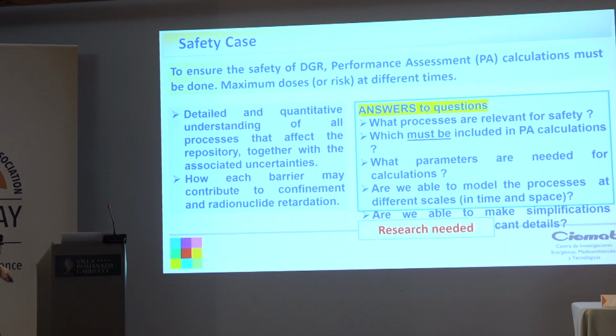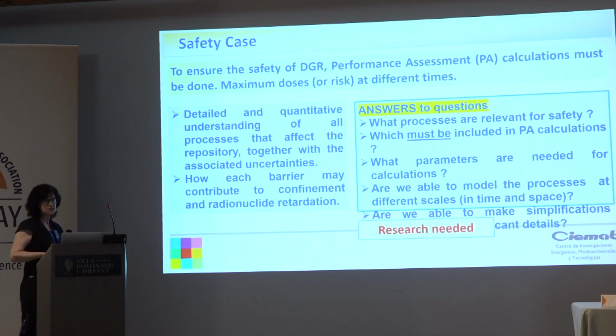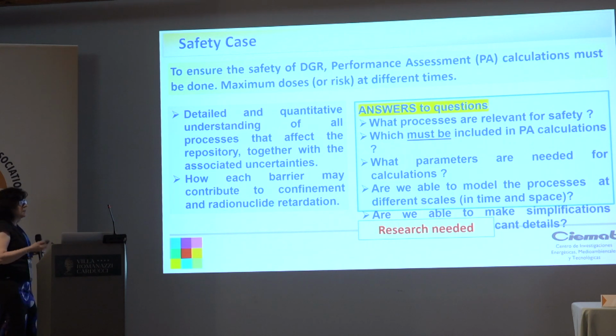So, what is the significance of the safety case? We basically have to answer several questions. The safety case answers questions dealing with possible problems related to the safety of this kind of system. So, what are the processes that are actually relevant for safety, which must be included in the PA calculation?